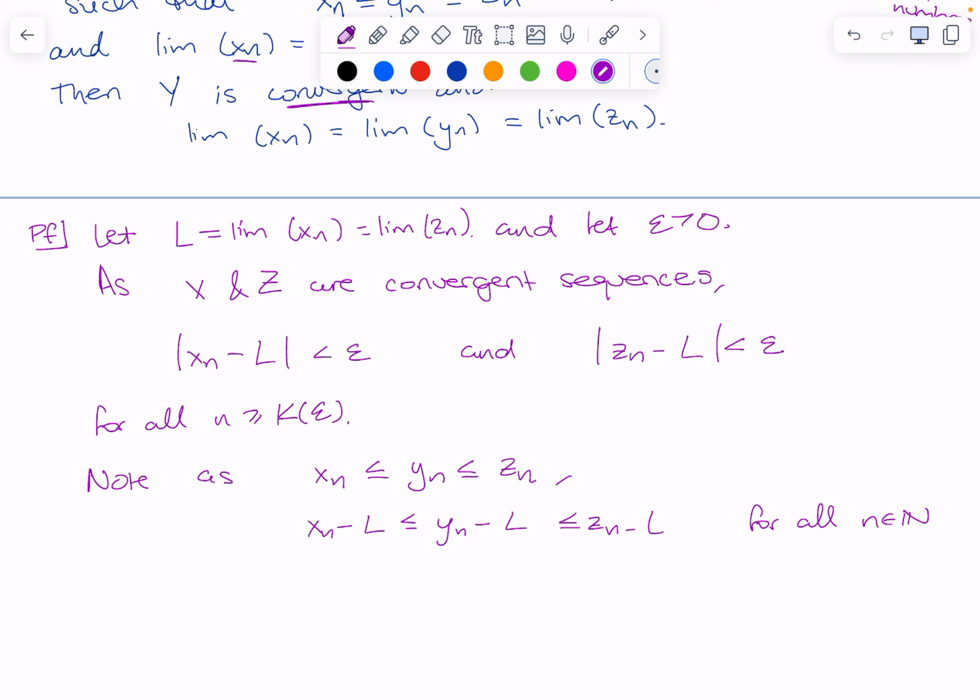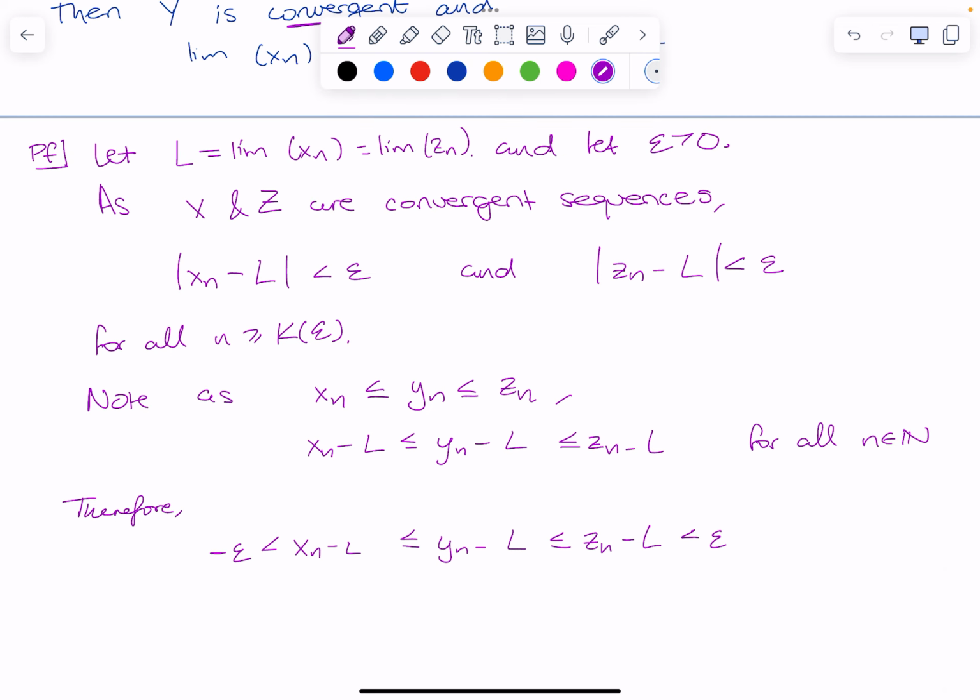So xn minus L. What do we know about it? So we know the absolute value is less than epsilon, right? So it's bigger than what? Negative epsilon. And then zn minus L, that's going to be less than epsilon.